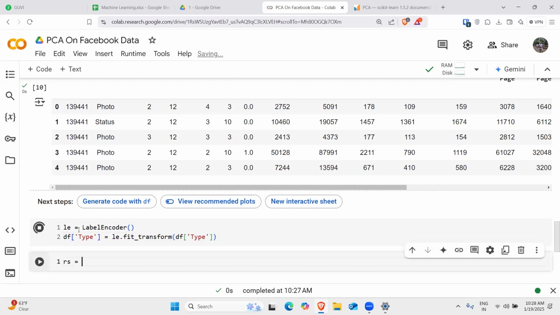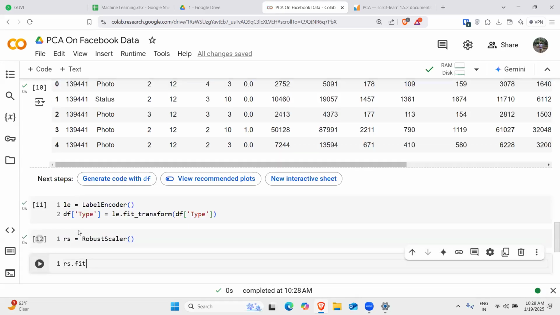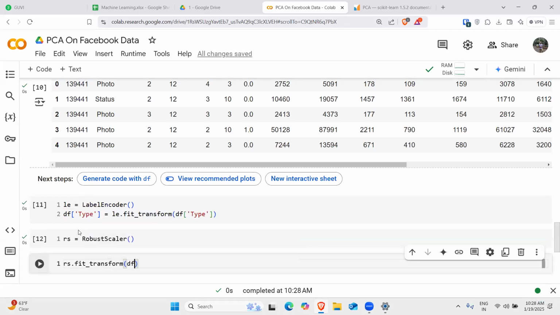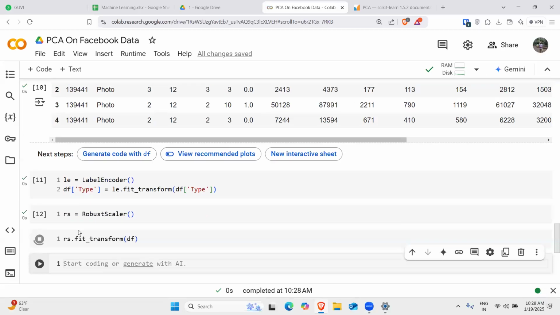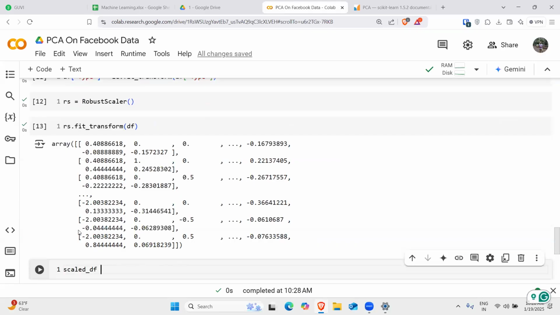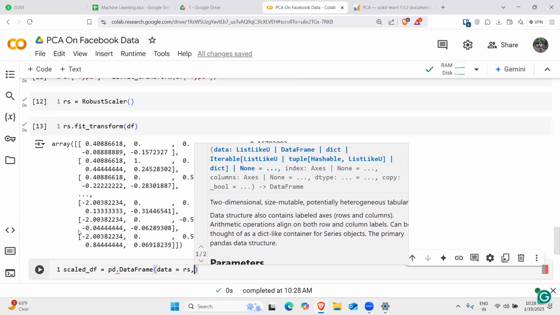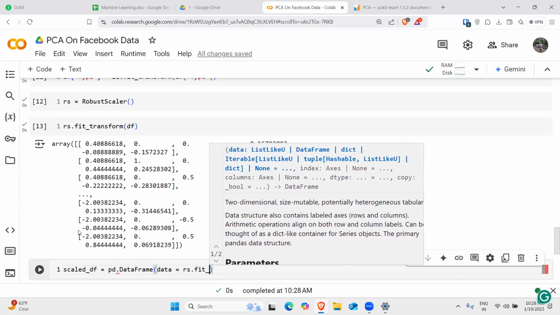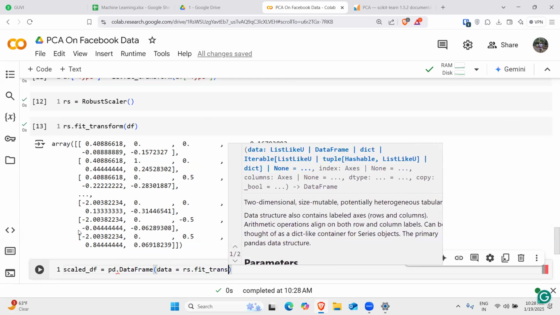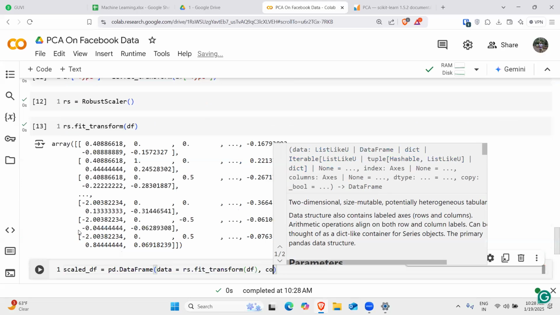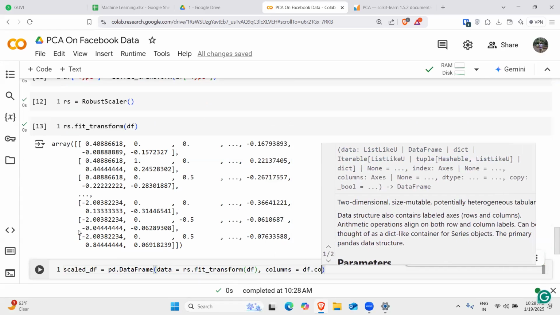Then rs is equal to RobustScaler(), rs.fit_transform on df, and then I'll write scaled_df is equal to pd.DataFrame(data=rs.fit_transform(df), columns=df.columns).